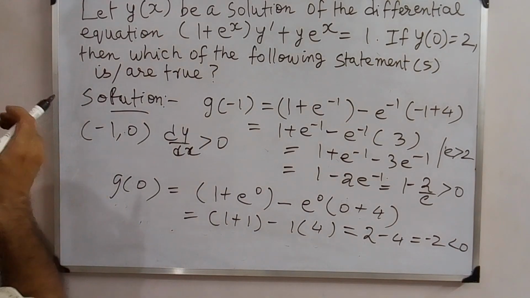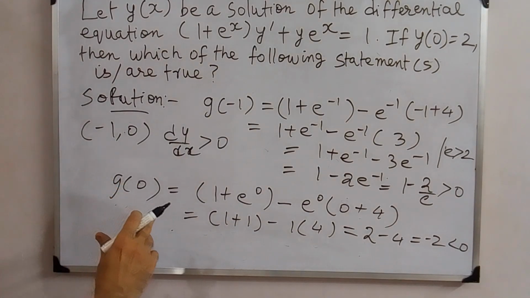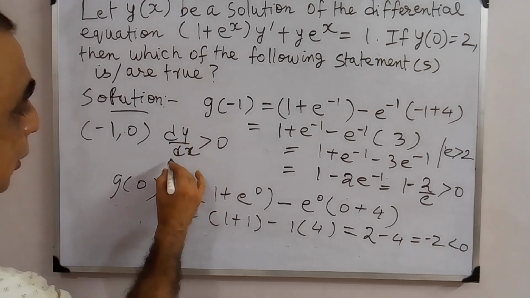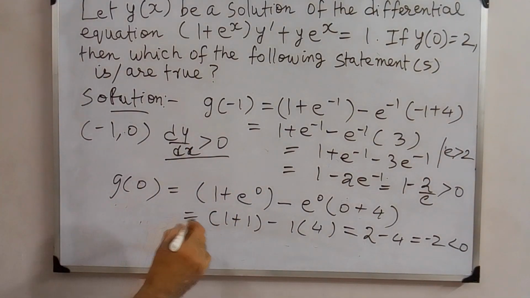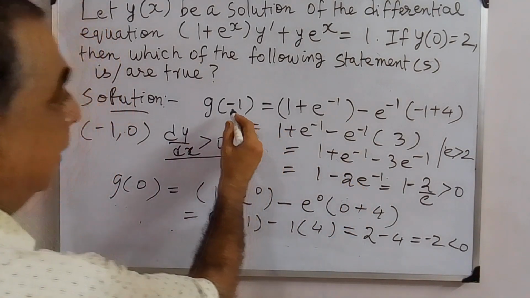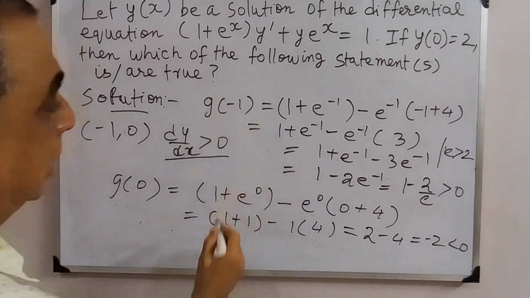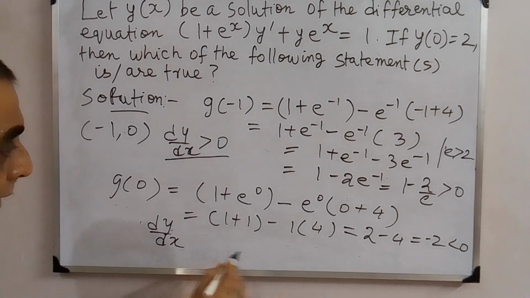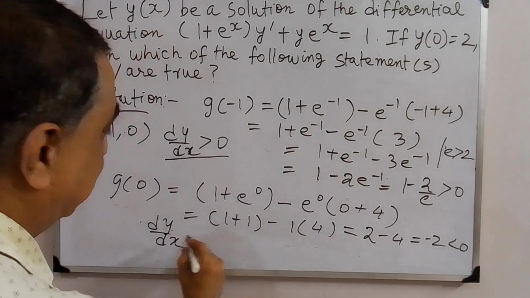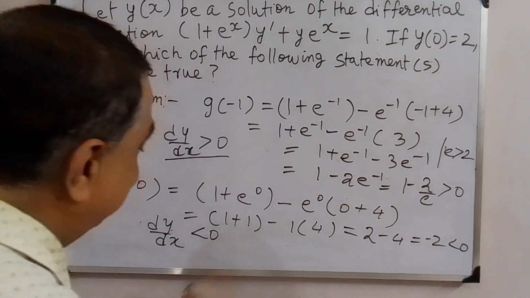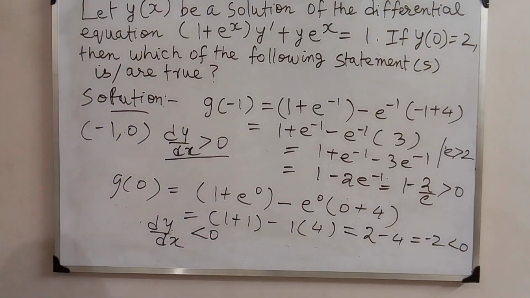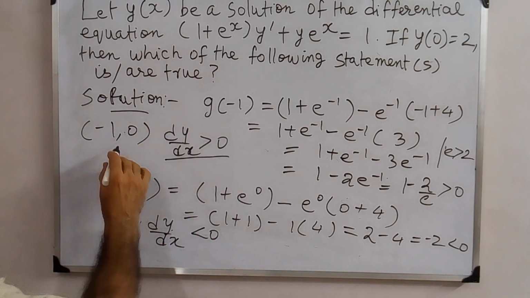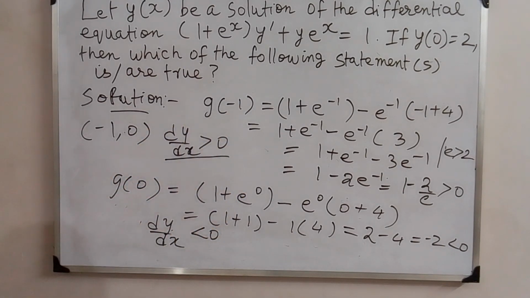That means the function is increasing at -1. When g(x) is less than 0, dy by dx is less than 0, so it is a decreasing function. So the function is increasing at -1 and decreasing at 0.